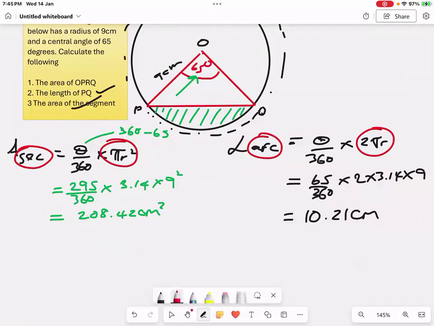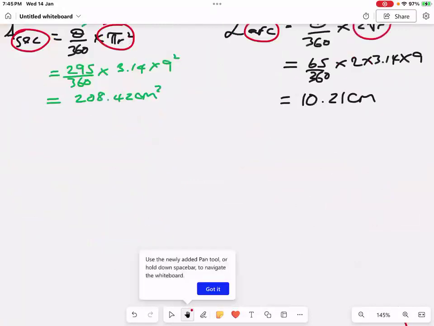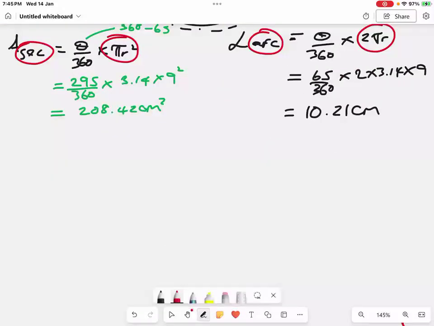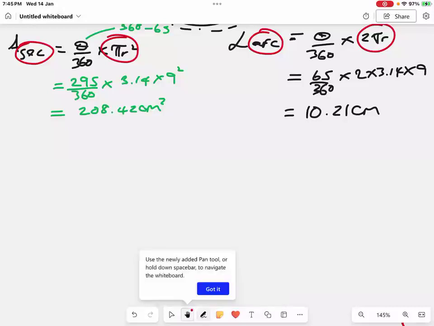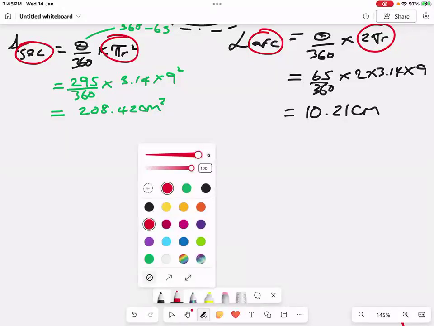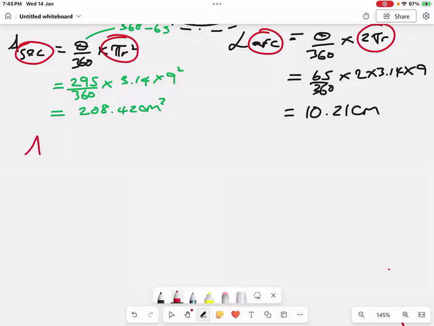So for the segment then, we're going to call it A seg, because we have A sec, L arc, and A seg. So A sec is area of sector.